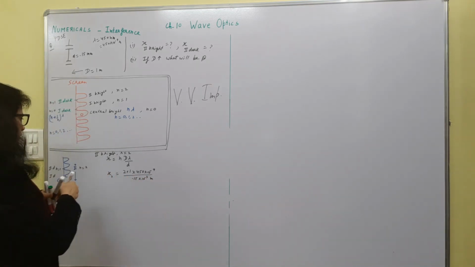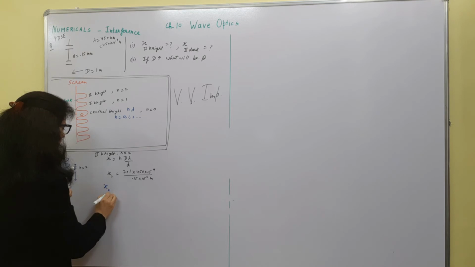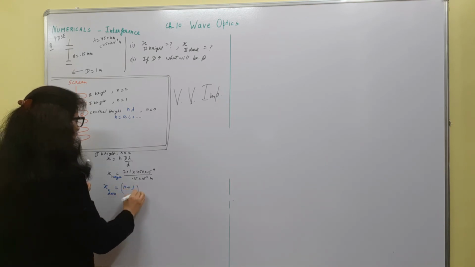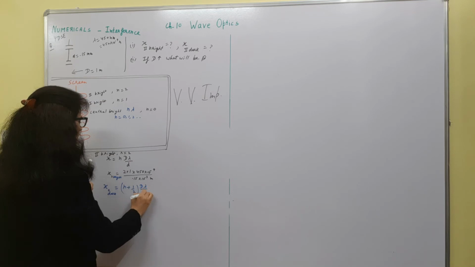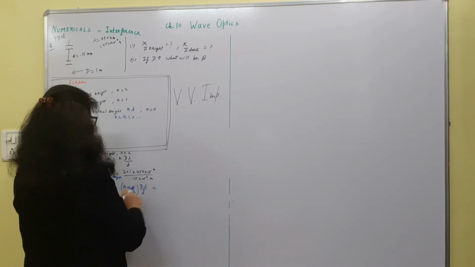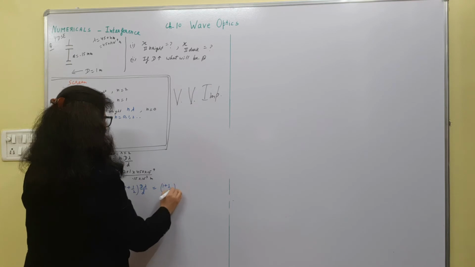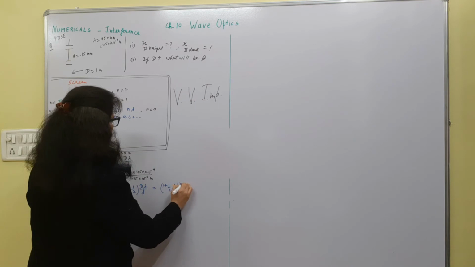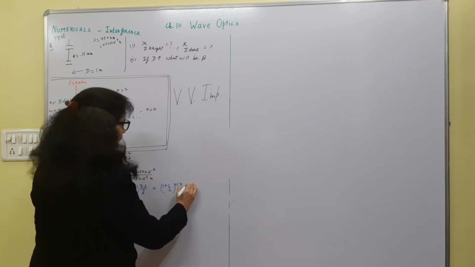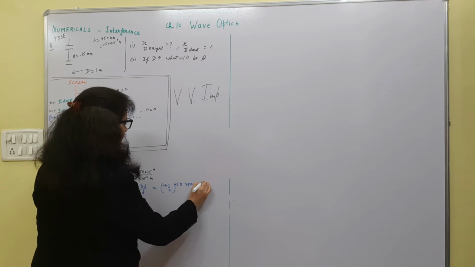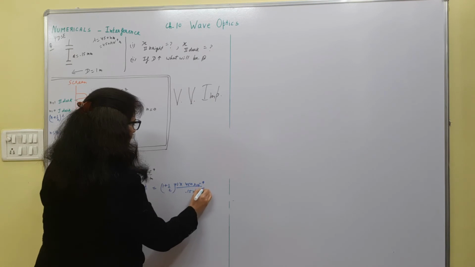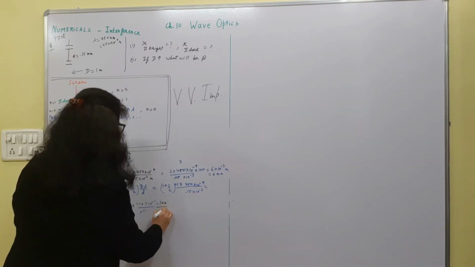Now similarly, x for the second dark will be (n plus 1 by 2) D lambda upon d. This will be n is equal to 1, plus 1 by 2, into again D is 1, into 450 into 10 to the minus 9, upon small d is 0.15 into 10 to the minus 3.